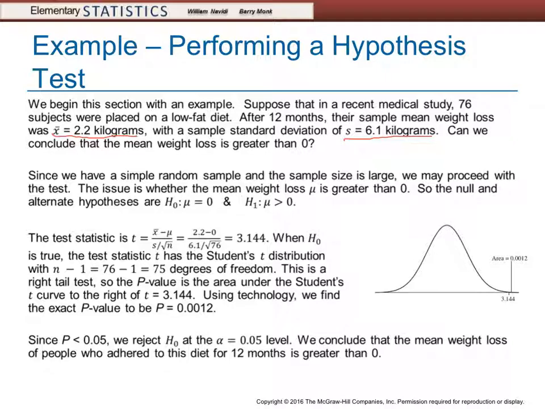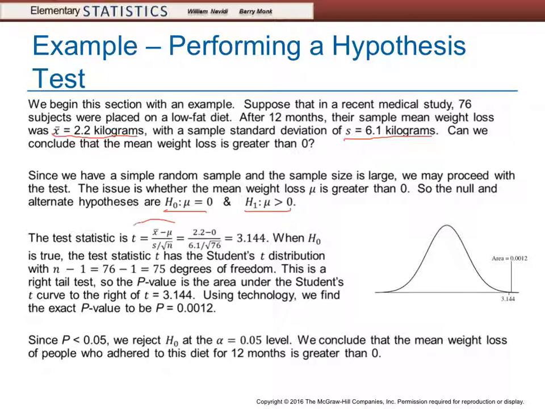Since we have a simple random sample and the sample size is large, we may proceed with the test. The issue is whether the mean weight loss is greater than 0. So the null and alternative hypotheses are H naught: mu equal to 0, H1: mu greater than 0.